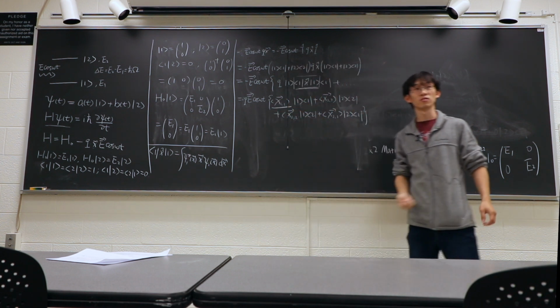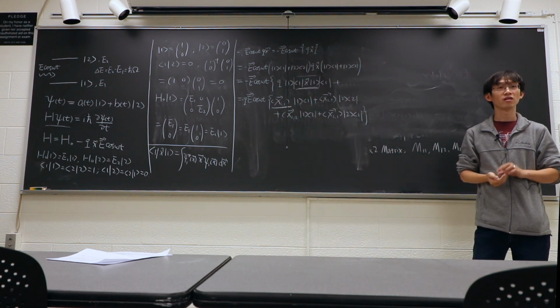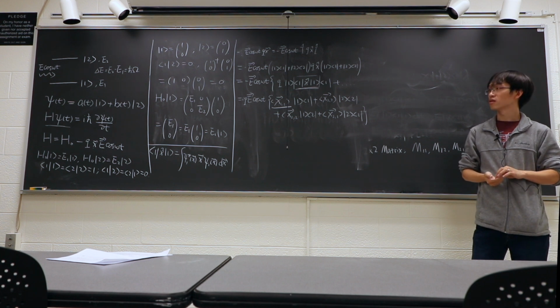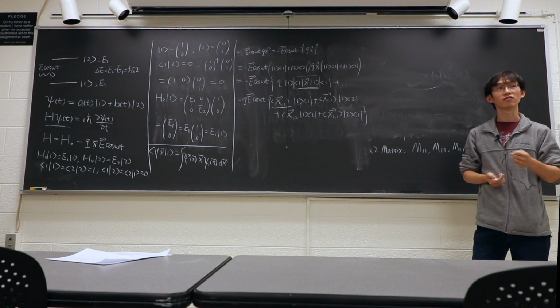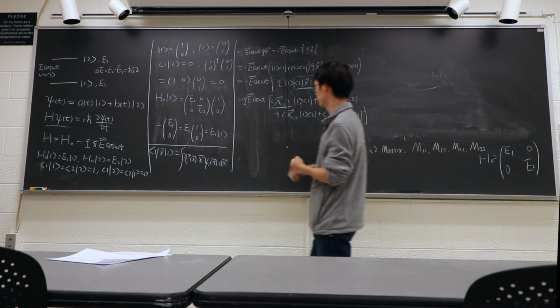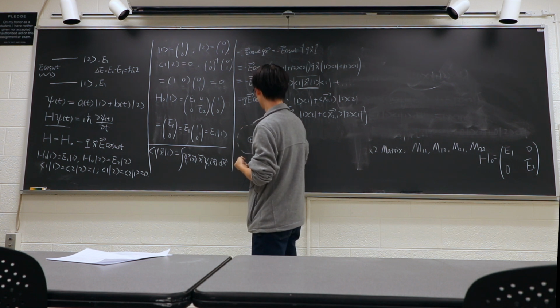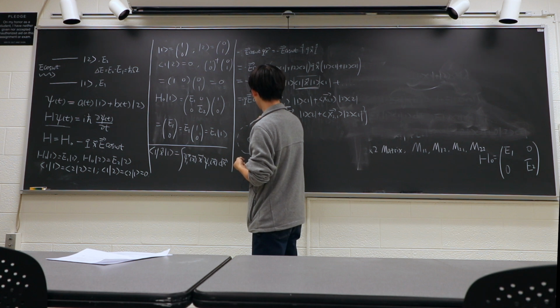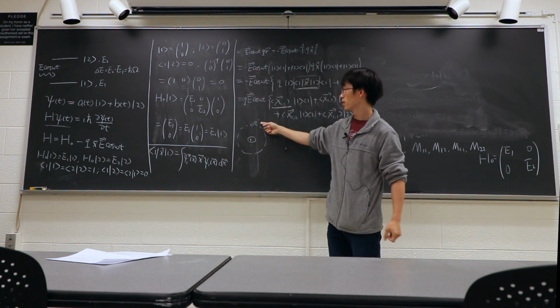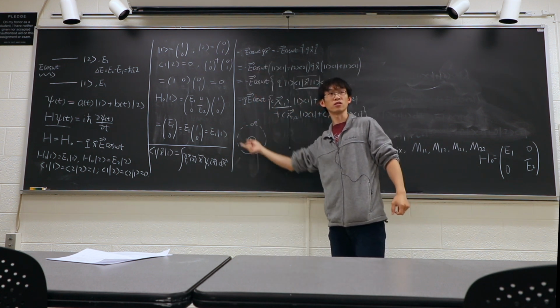What is this? 1 and 1. Average value of an atom in ground state, its average position. What is the average position? Make a guess. We have an atom here, the core, and then an electron orbiting around.